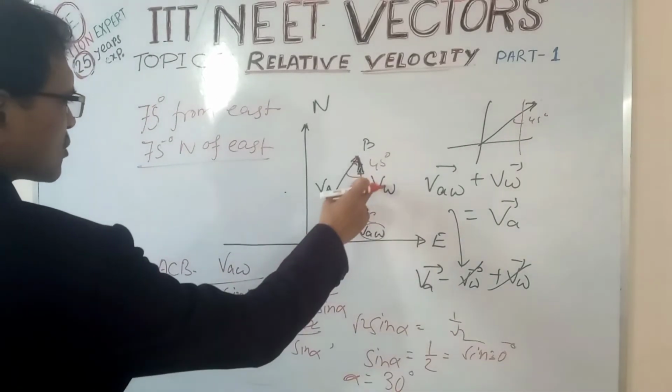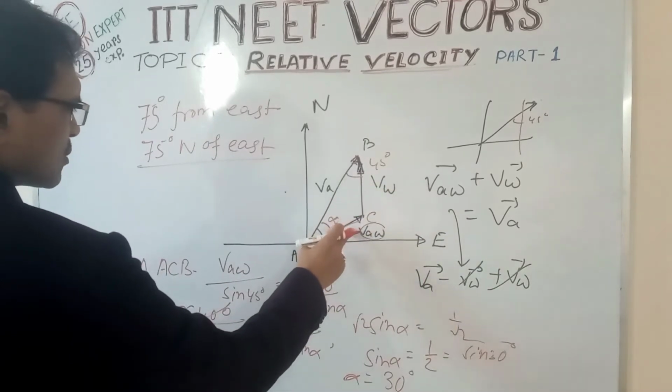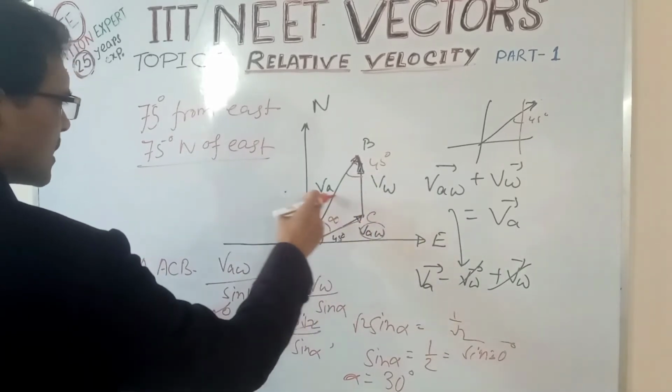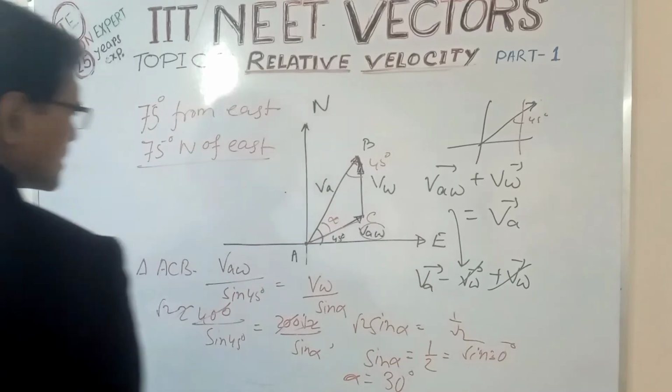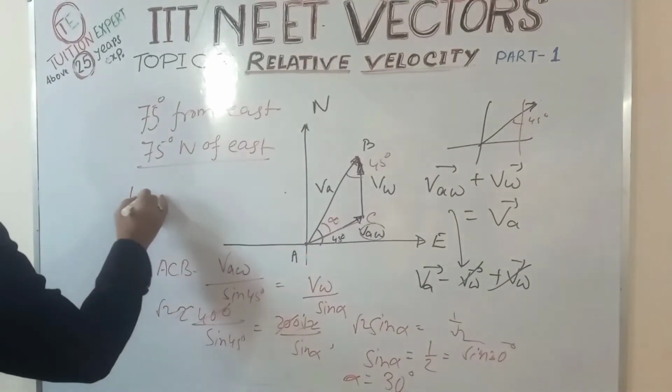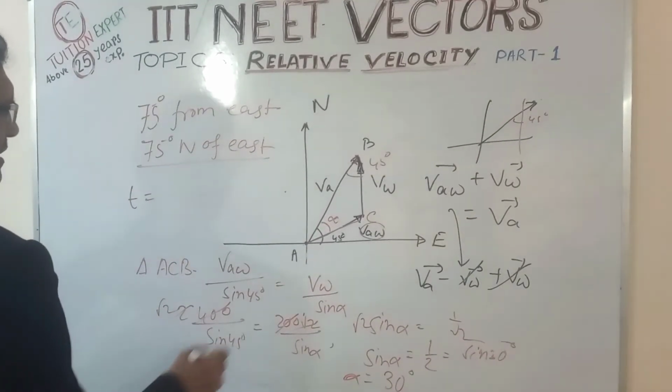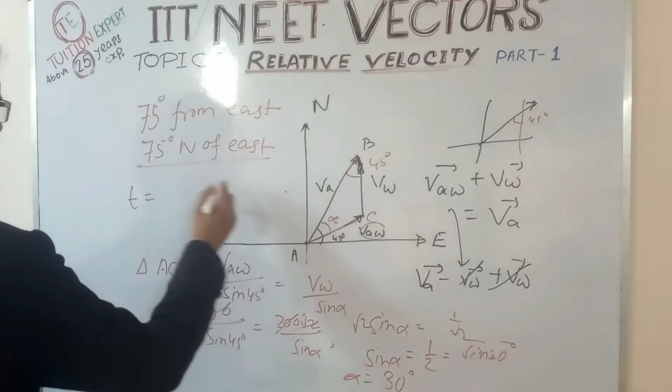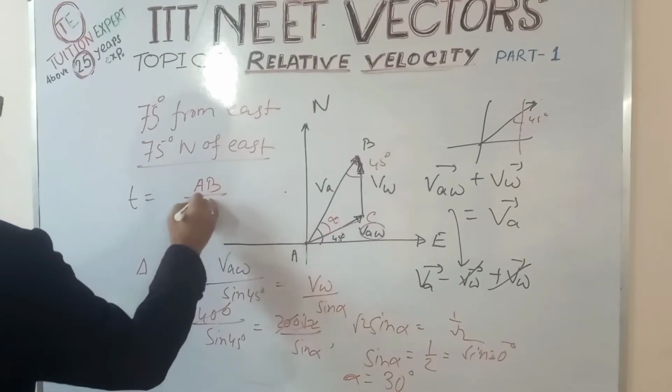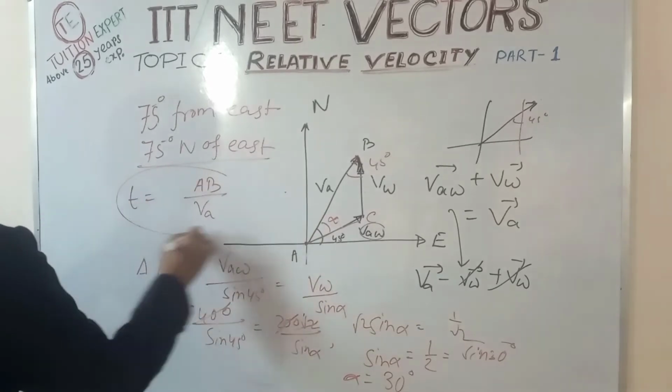Now in the presence of wind and velocity of aircraft, the resultant velocity is VA. So to find the time taken, this will be the distance by velocity VA. Now we have to calculate VA.